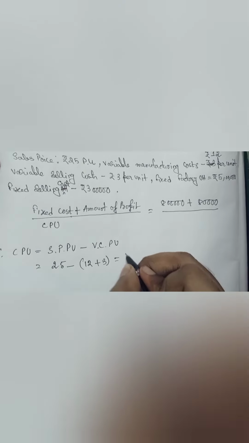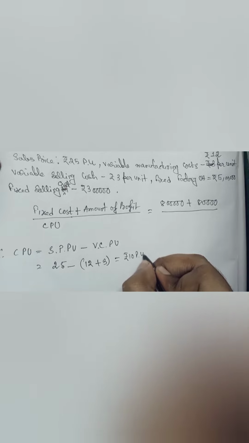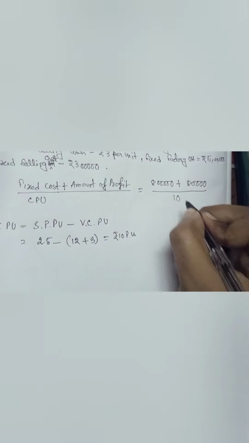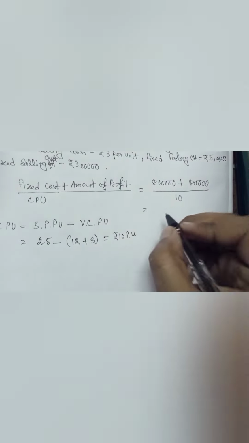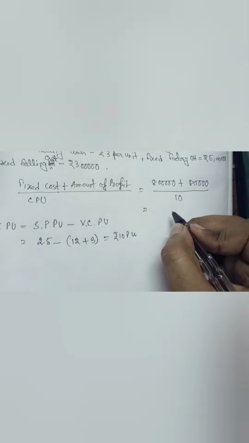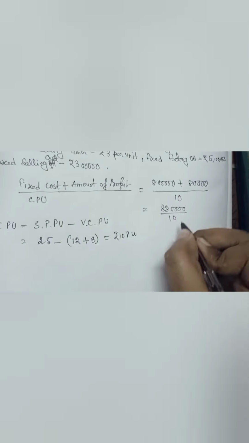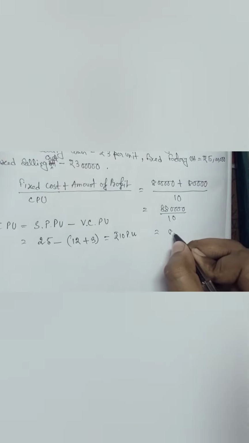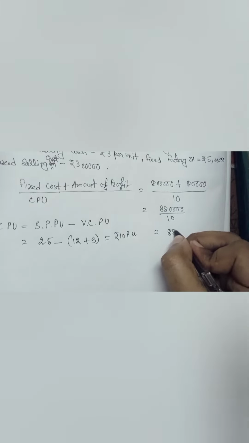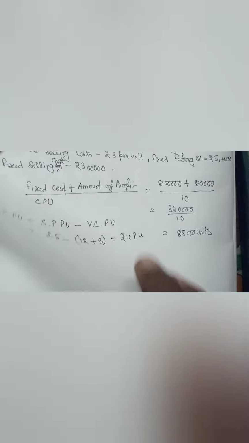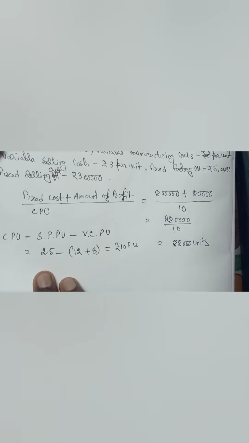So contribution per unit will be rupees 10 per unit. So now we have got the CPU, contribution per unit, so we'll write 10. So the 8 lakh plus 80,000 means 8,80,000 divided by 10, that means 88,000 units need to be sold to get a profit of rupees 80,000.